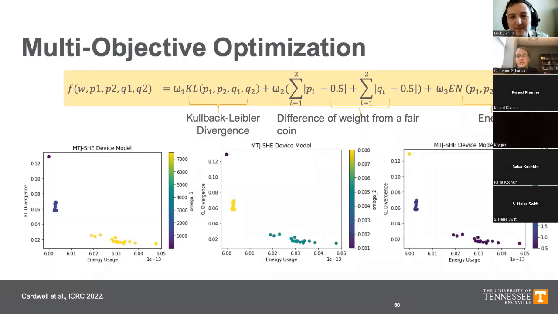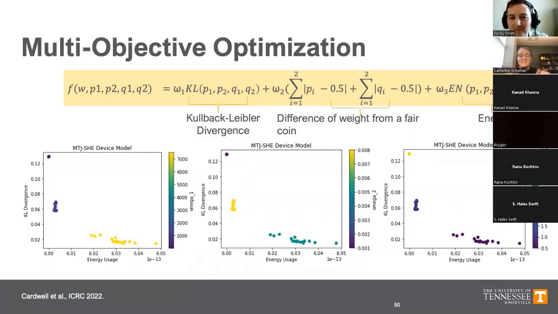But because we were working with real device models, we had talked to the device developers and found that it was easier to have weights on our coins that were closer to fair coins. So we included a metric that said we're going to penalize as it gets further away from a fair coin. And we also used energy usage of the weight values that we were selecting as one of the components that we were including in our objective.